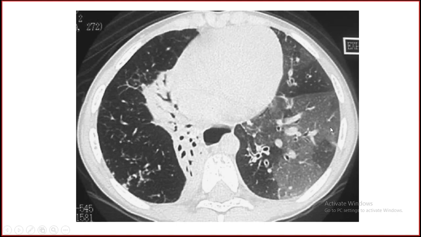In the ground glass appearance, we can see the vessels. So these are the vessels. But in consolidation, we cannot see the vessels. So that is the difference between the ground glass appearance and consolidation, but the disease processes would be the same. And you can see here a consolidation as well as collapse. Now you can see areas of bronchiectasis, some with a honeycomb-like appearance, but you cannot see any vessel.